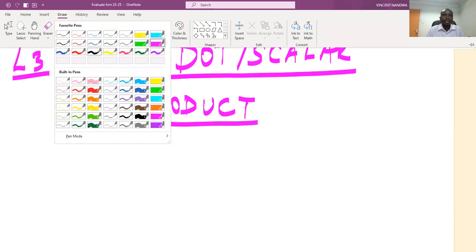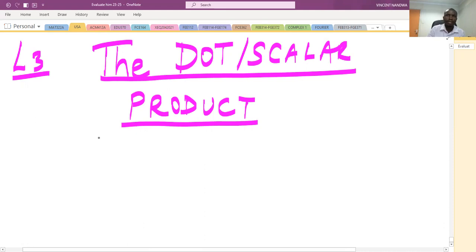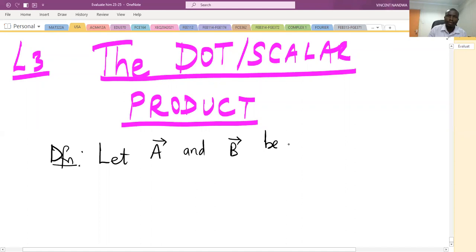So let's start by defining what we mean by dot product. Definition. Let A and B be vectors.